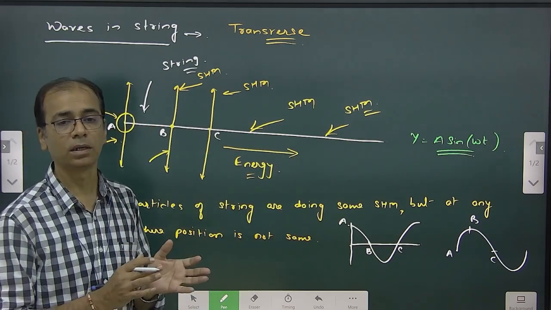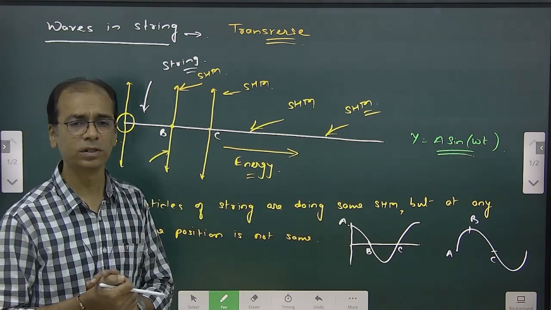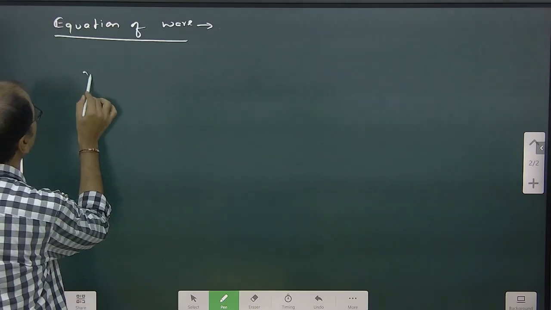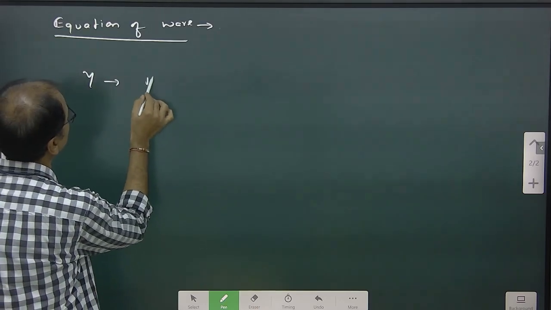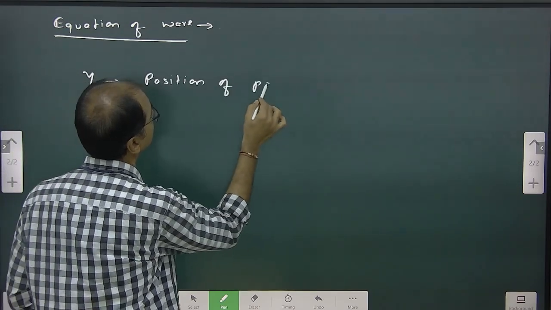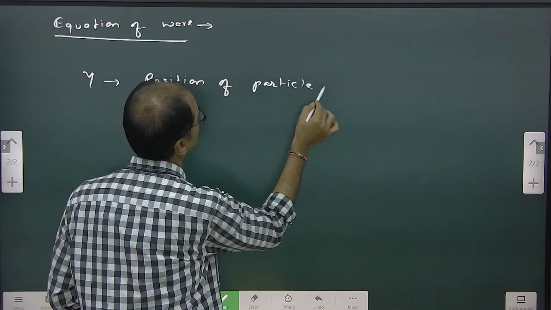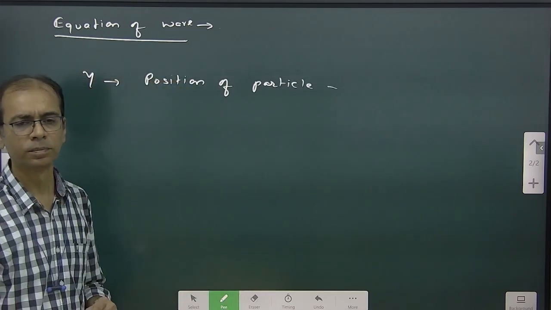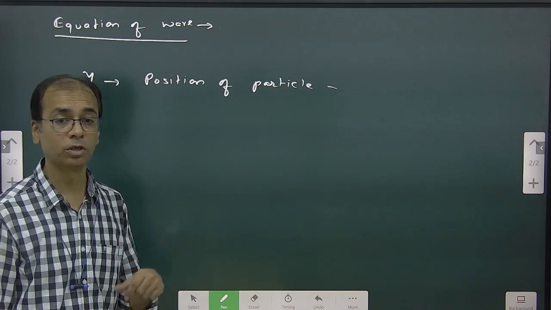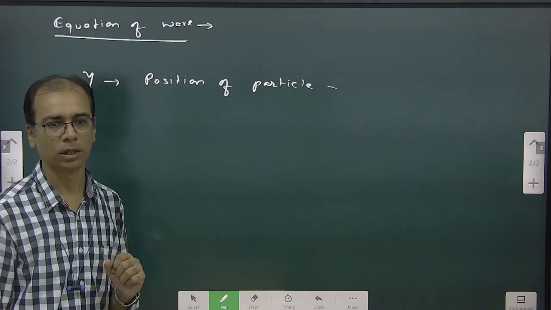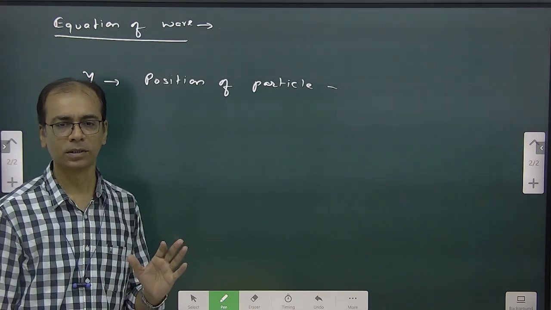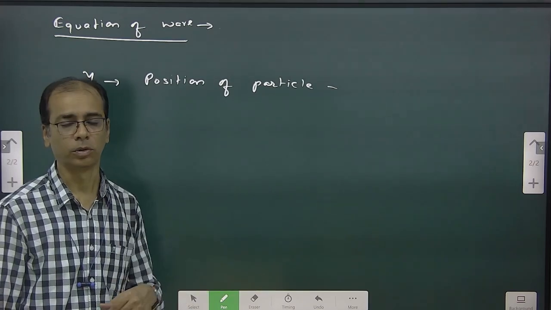So if I have to write a relation between y and x, first I need to check whether this position of the particle depends on x, or depends on time, or depends on both.